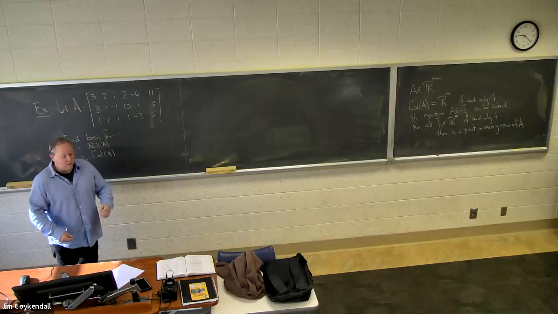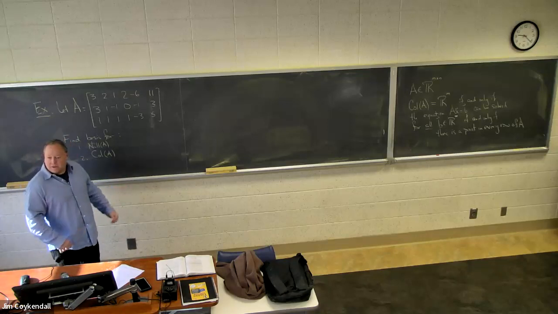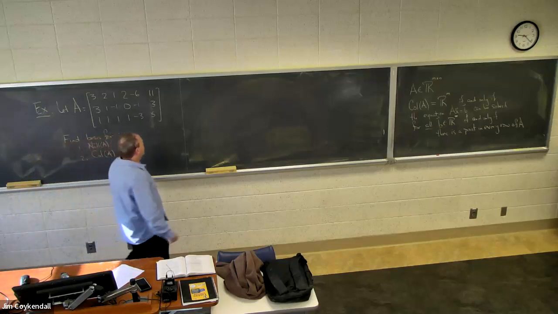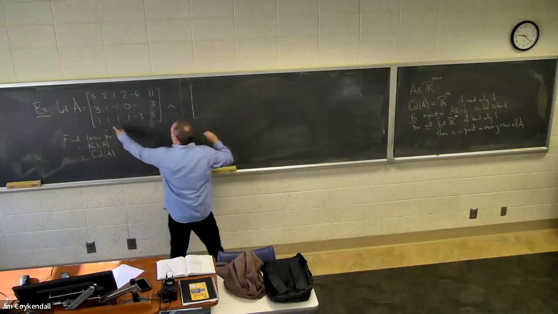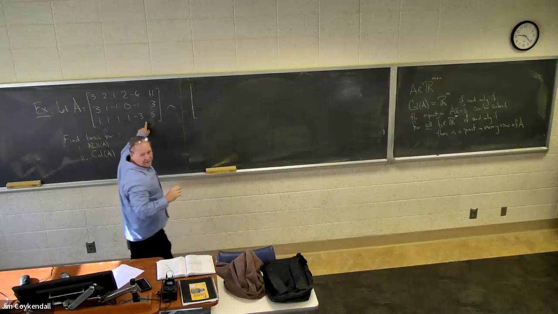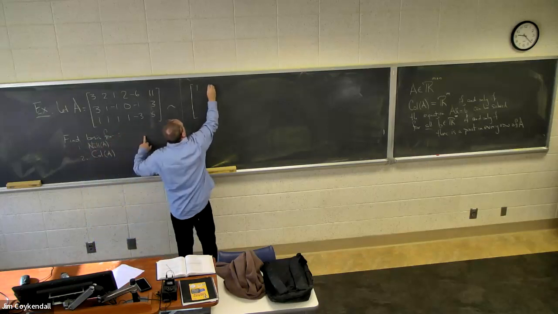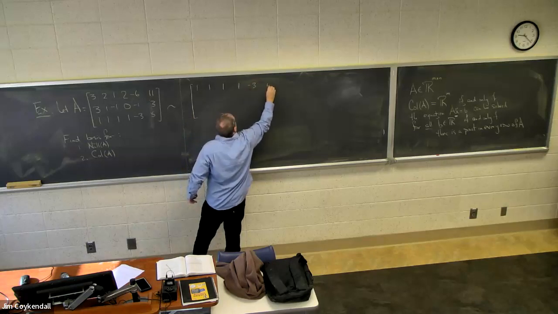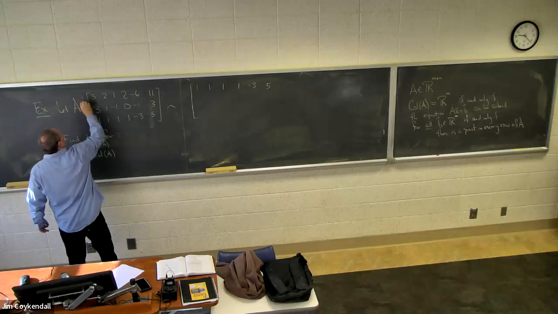Okay, guess what? It's almost like I'm having flashbacks here. Guess what we're going to do? Row reduce, right? So let's do that. I want to take this thing just up to the top and take all your ones, right? I'm going to put that up top.